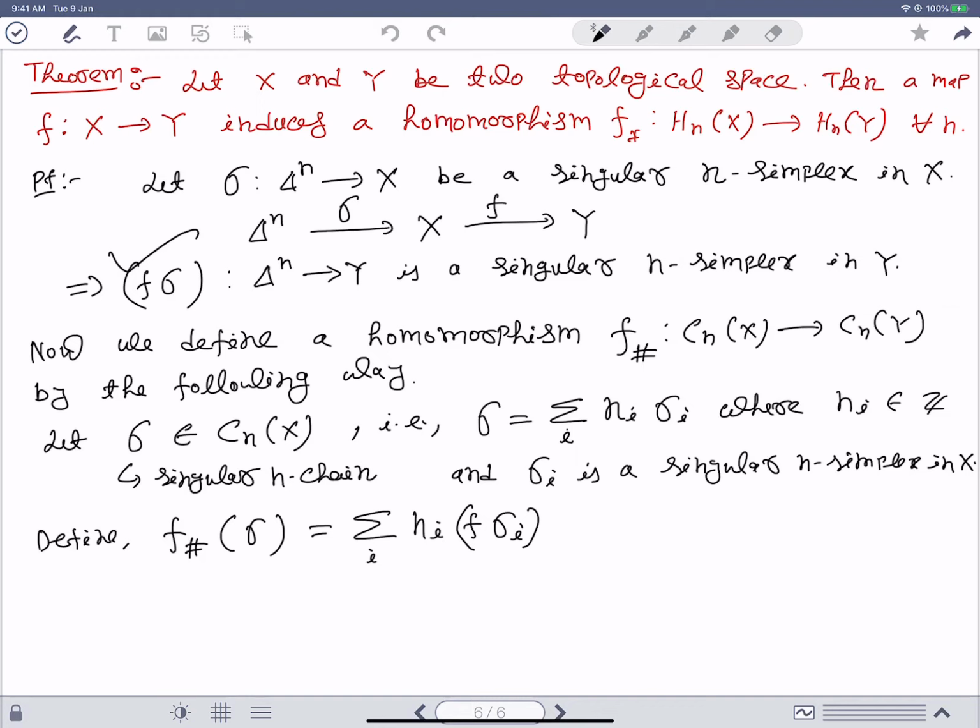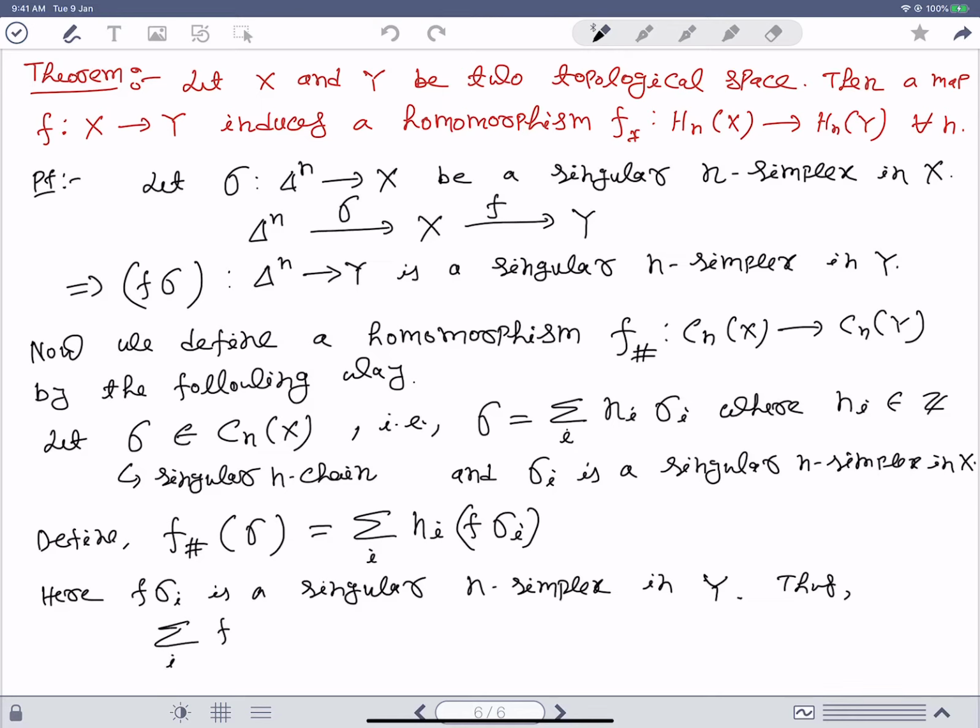If sigma is a singular n simplex in X, then f sigma is a singular n simplex in Y. Therefore f of sigma_i is a singular n simplex in Y, so that sum is a singular n chain in Y and hence belongs to Cn of Y. So this way we can define a homomorphism from Cn X to Cn Y.